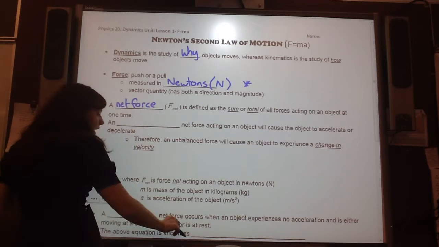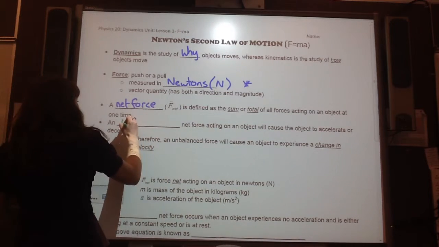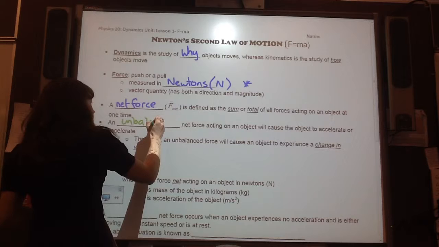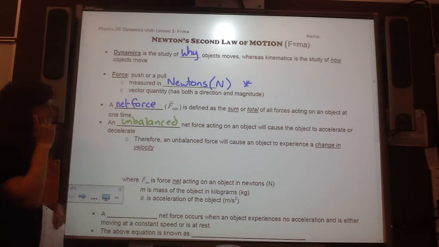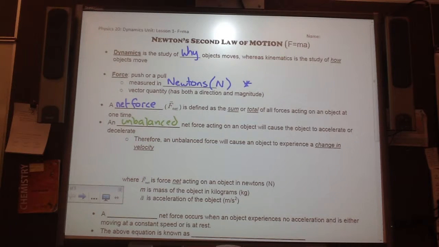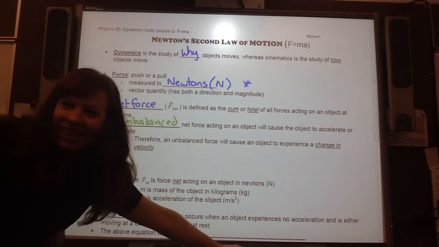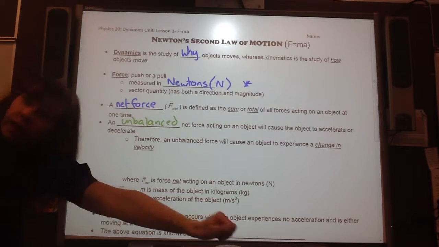But an unbalanced net force acting on an object will cause the object to accelerate or decelerate. When the force on our tug-of-war wasn't equal, the girls slid this way and so they accelerated.